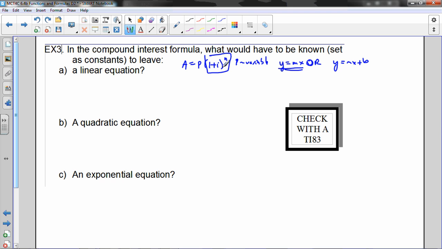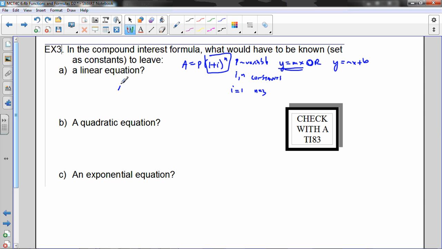It says what would have to be set, so let's say I and n are constants. For instance, if I pick I to be 1 and n to be 3, why not?